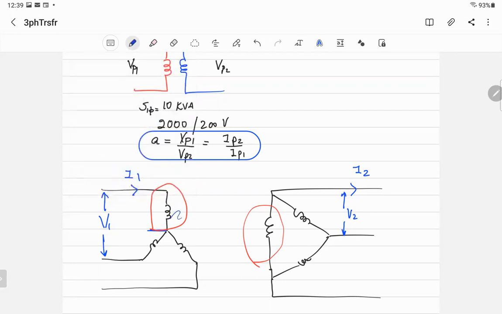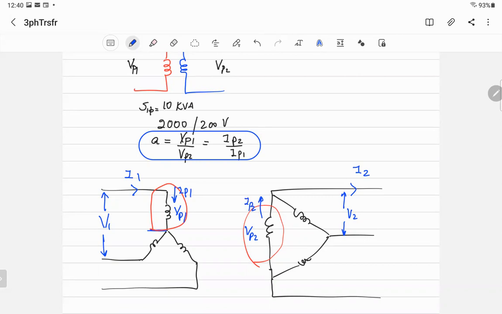The voltage across winding one, that's V phase 1. And the voltage across the winding here is V phase 2. And I know the relationship between both. It's A. And the current in the winding here is I phase 1, and the current in this one is I phase 2.